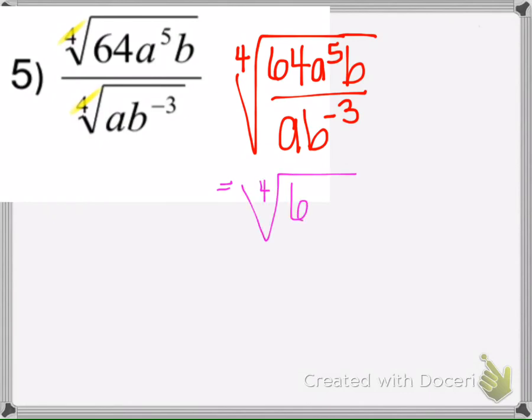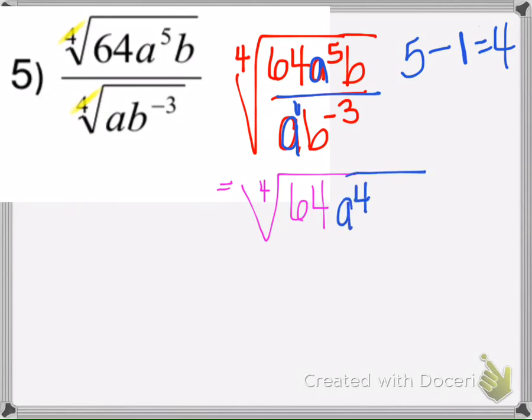Okay, so we have the 64, and then our rule, when the bases are the same and we're dividing, we subtract the exponent. So 5 minus, we just have 1a, so that's 4. And then we have 1 minus negative 3 here. That also makes 4. Okay, so now to simplify this, we have to think of what multiplies 4 times to make 64 a to the 4th b to the 4th.